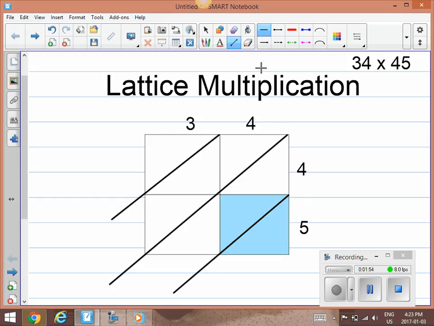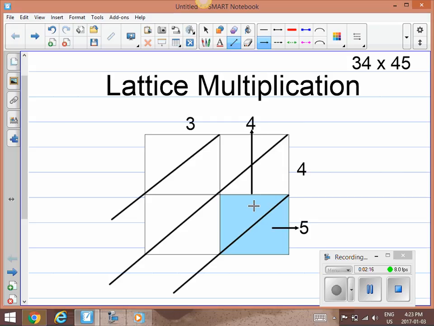So what we will do from here is look at this box just like we would be reading a grid. We're going to look at the number to the top and to the right, which would be 4 times 5. Very similar, this is exactly where we would be starting with the traditional algorithm.